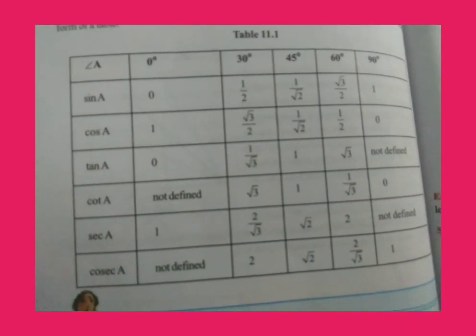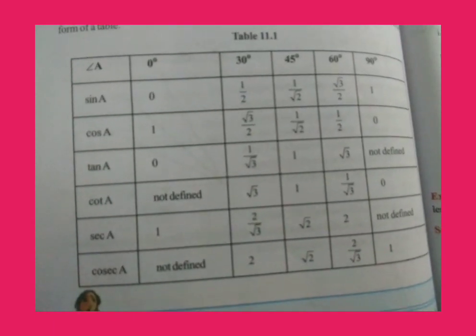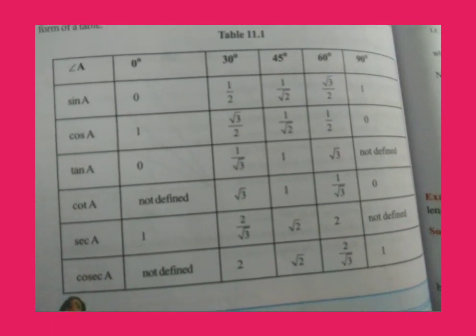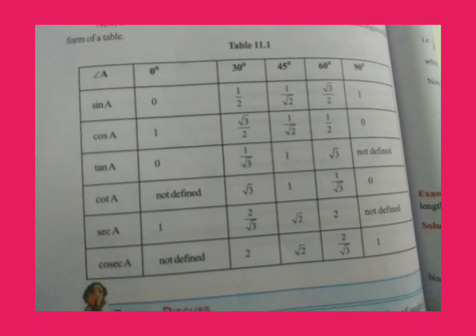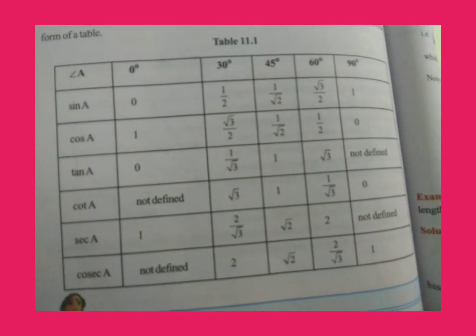Look at the standard values for 0 degrees, 30 degrees, 45 degrees, 60 degrees and 90 degrees. So this tabular form is very, very important.